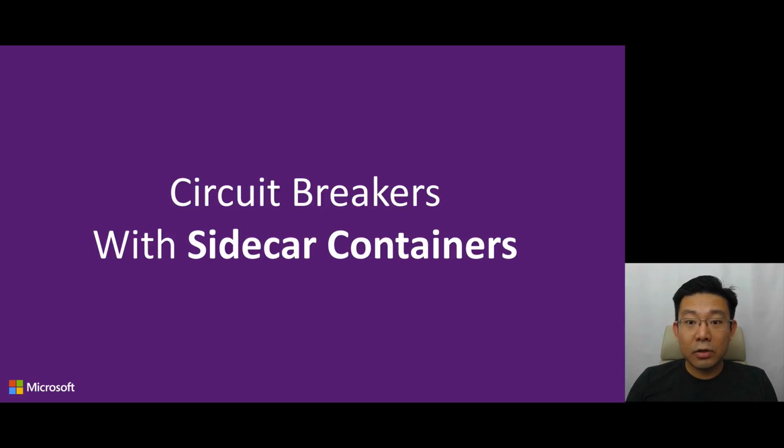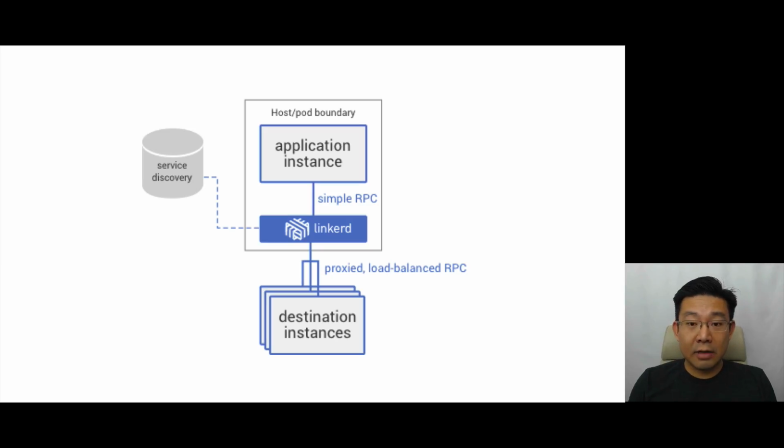So how do we solve the problem using infrastructure like sidecar containers? I'm going to show you how it works. First, a diagram. If you check the diagram here, you see that you can have a single unit of deployment. Usually you have your application running on your host, or your pod if you're running on top of Kubernetes. You have your application instance. Then you have a sidecar container, which is Linkerd.